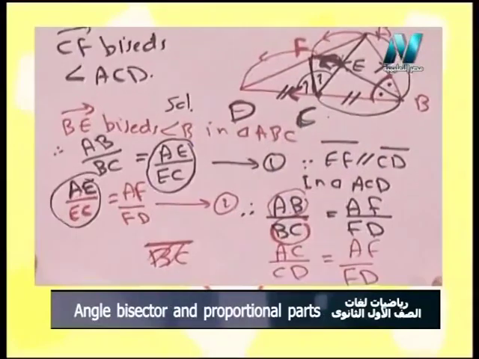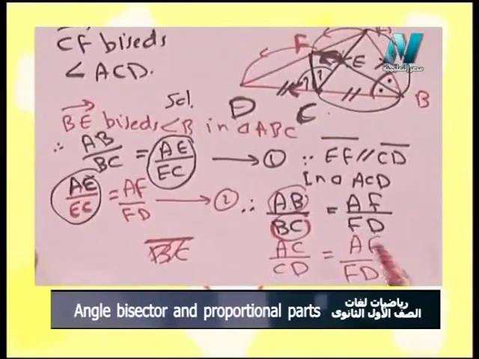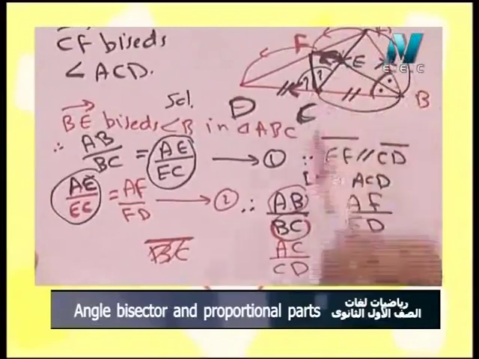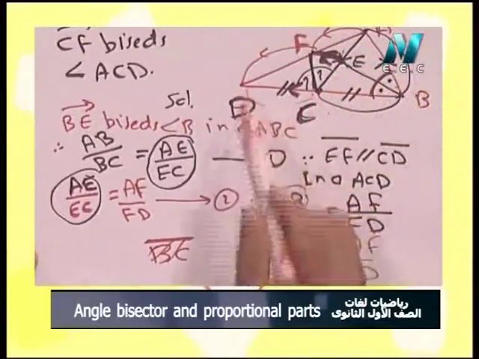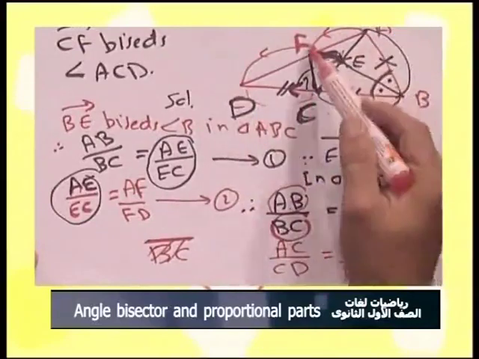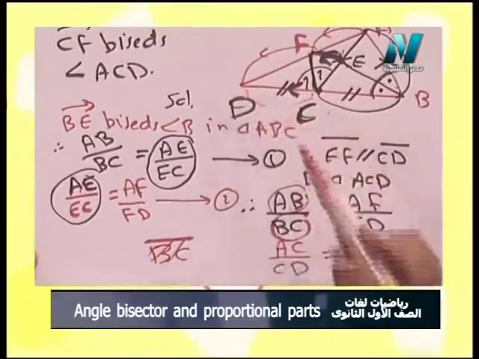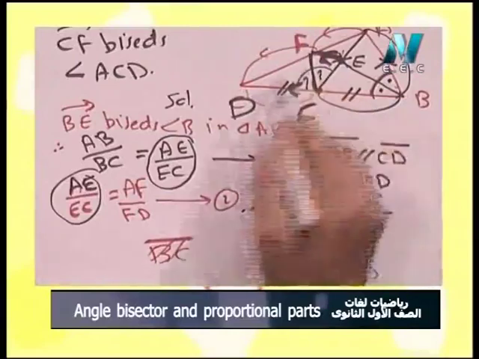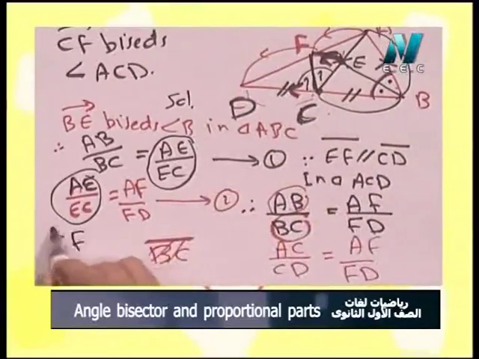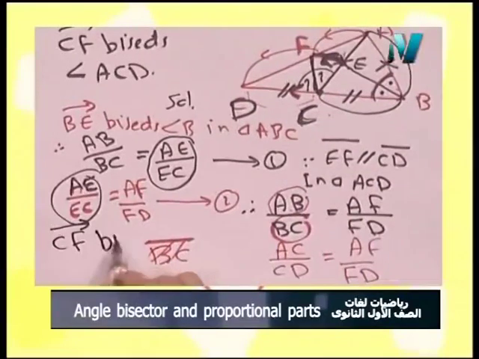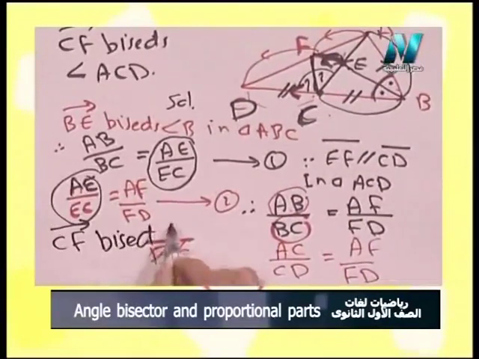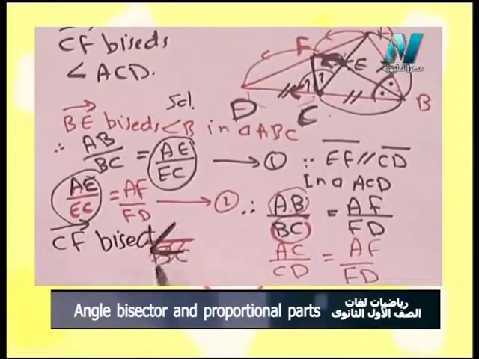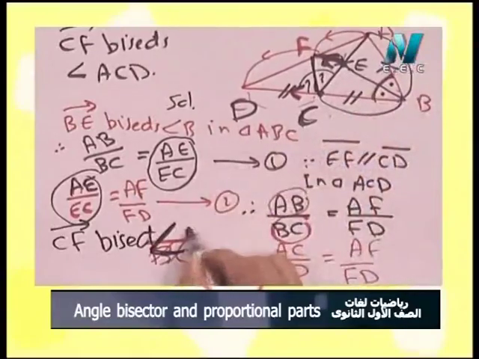So now we have that AC over CD equals AF over FD. So it's clear now that we can say that CF bisects the angle ACD.